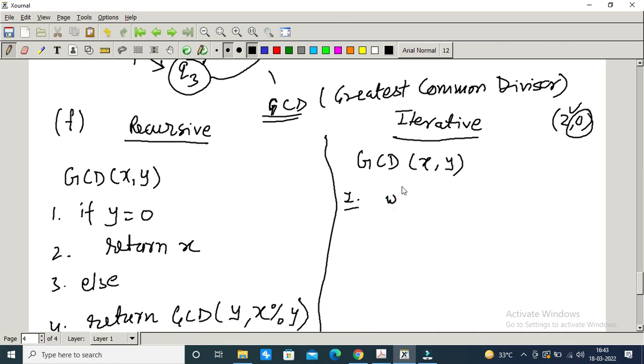While y is greater than 0, जब तक y greater than 0 है, तब तक हमें क्या करना है, what we have to do, we have to calculate the remainder after doing x mod y.